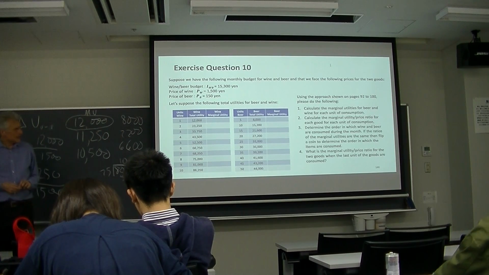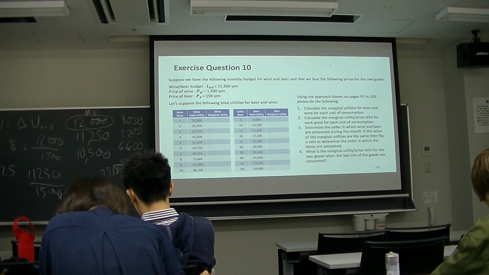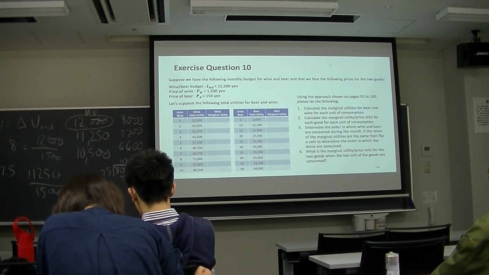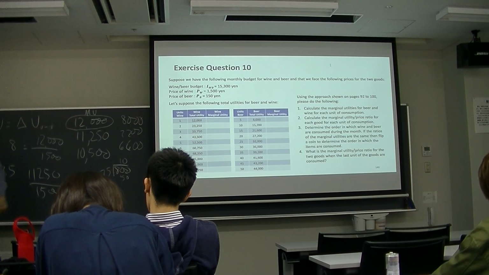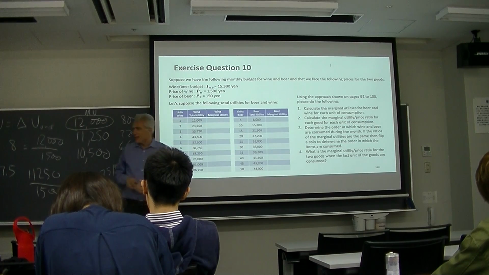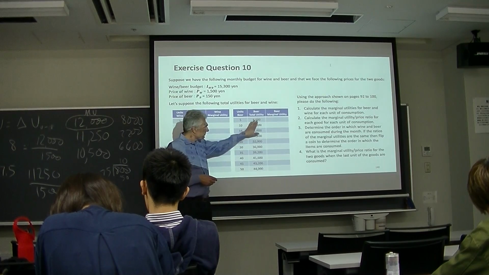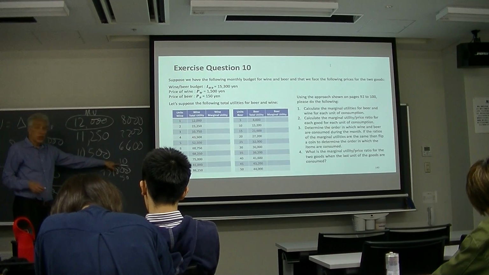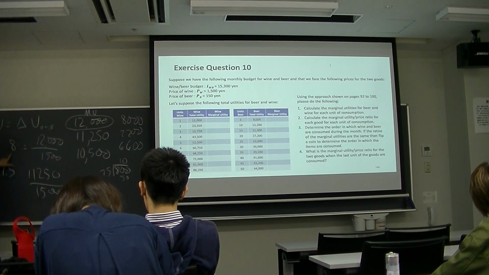Anyway, let me go back and see those numbers. That was a little different than what I remembered. But there it is. So you've got 10 units, so each yen buys you 10 units of utility for the first 5 beers, or it buys you 8 units of utility for the first wine. So there you're going to choose the beer.